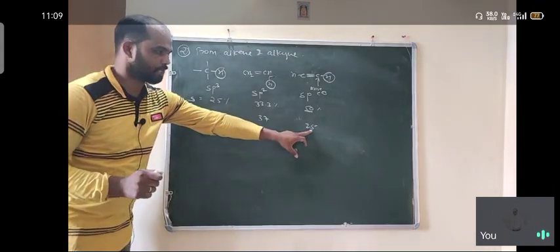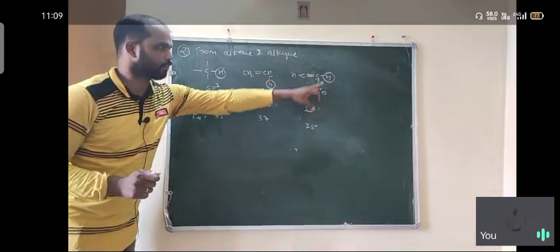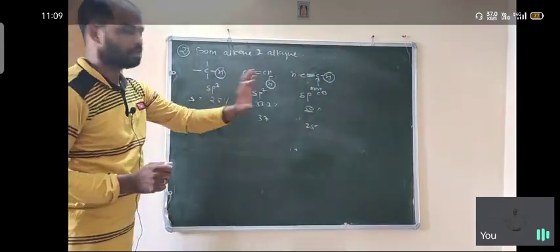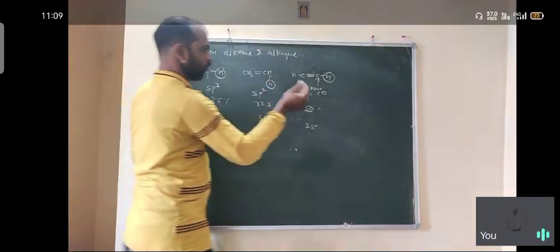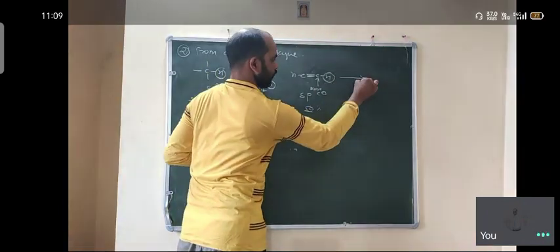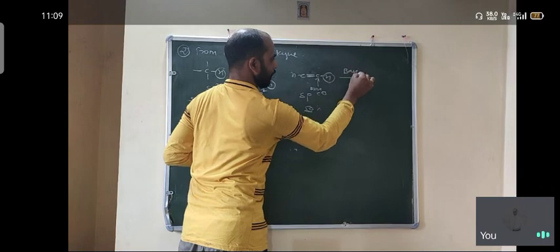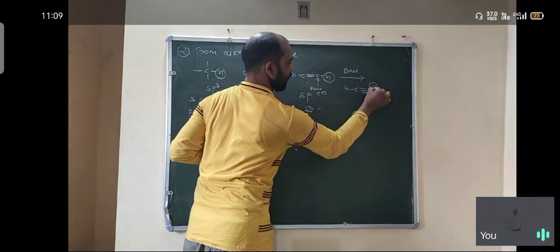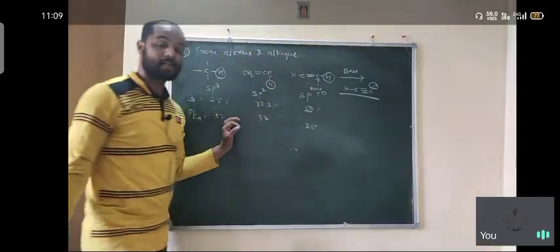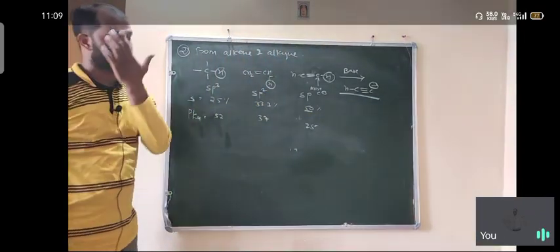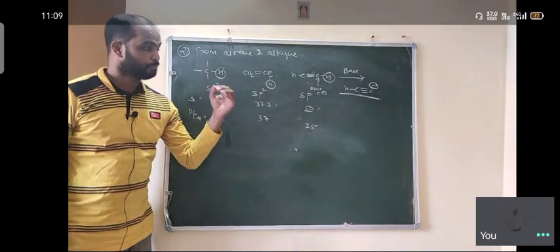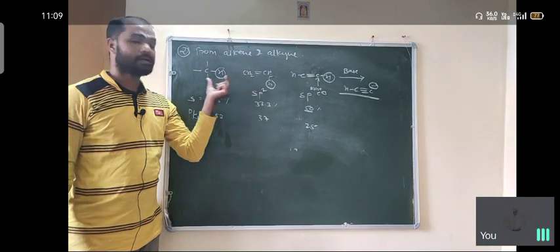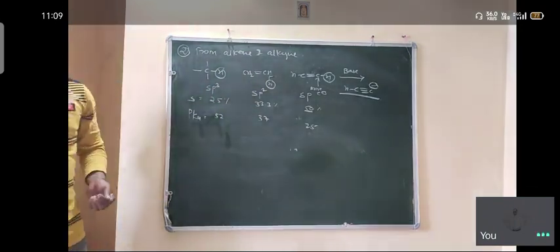So with a lower pKa value, this H is more acidic, and this H is easily removed with formation of a carbanion. Suppose any base is present here, it will abstract this proton and form HC≡C-. That means alkyne has a greater tendency to make a carbanion as compared to alkene and alkane. This is one of the reasons.